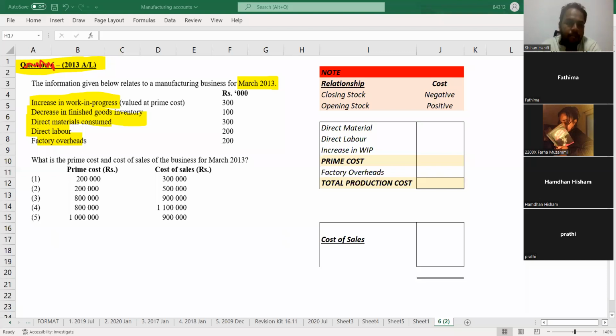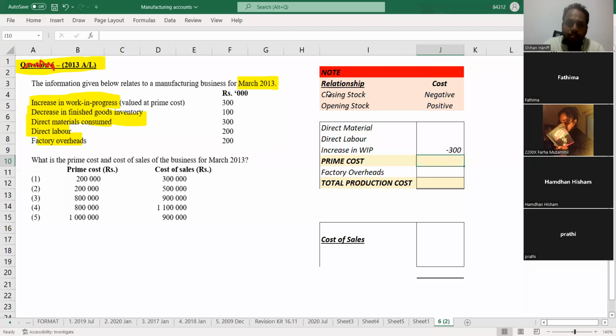Work in progress valued at prime cost. Increase in work in progress. Increase in work in progress means this will reduce by 300.